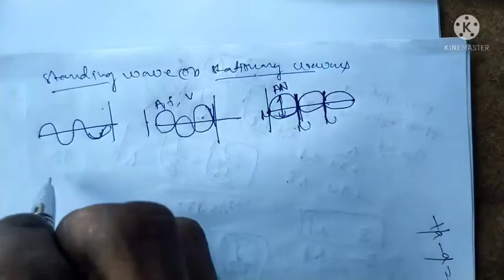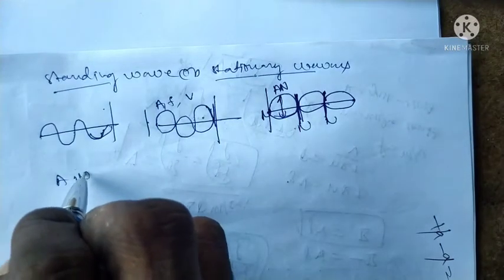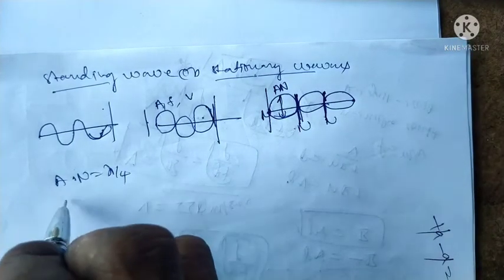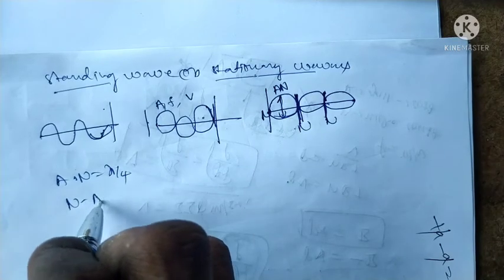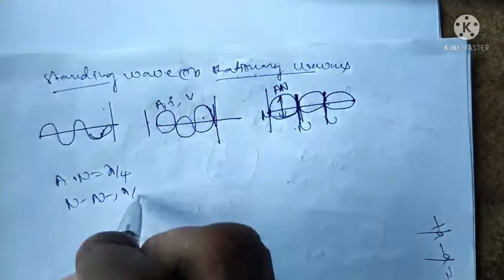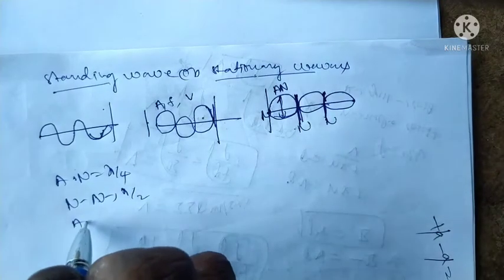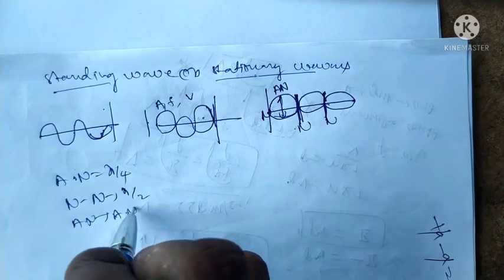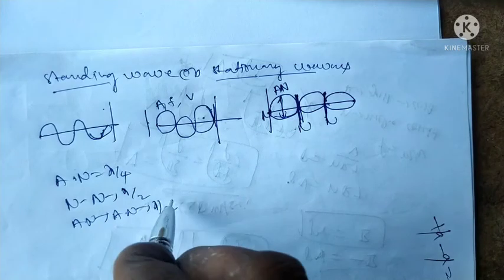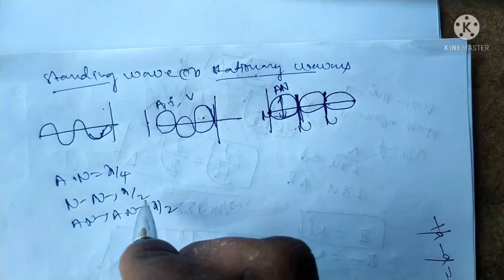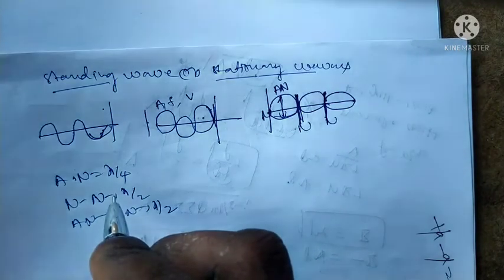The distance from node to antinode is lambda by 4. Node to node is lambda by 2, and antinode to antinode is also lambda by 2. Okay, this is the previous class.